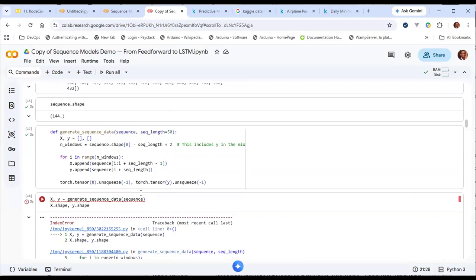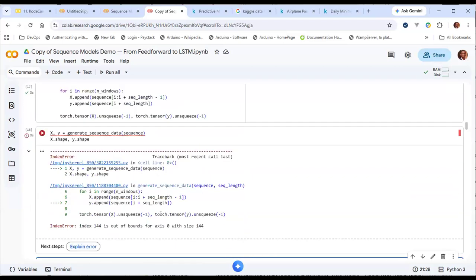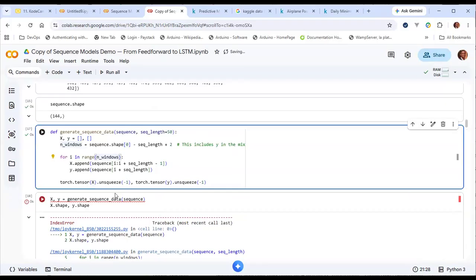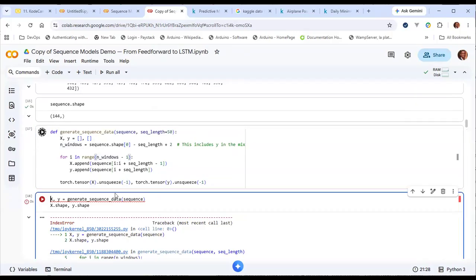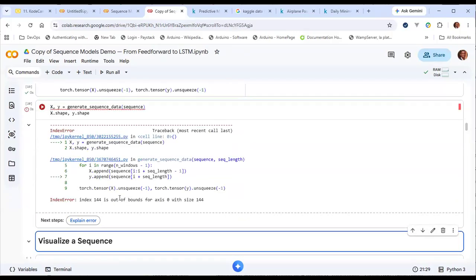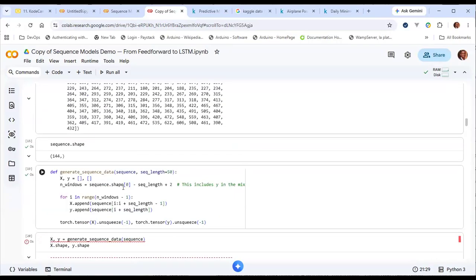All right, so we have a little challenge: index 144 is out of bounds. Yeah, I went all the way to number of windows. I should have gone to number of windows minus 1. It failed because of that.